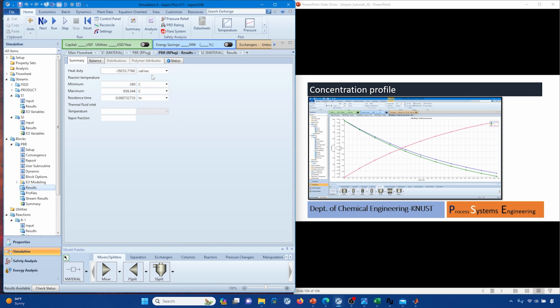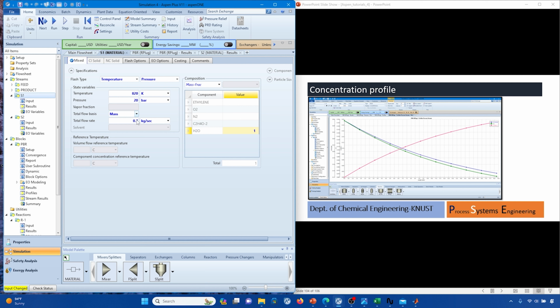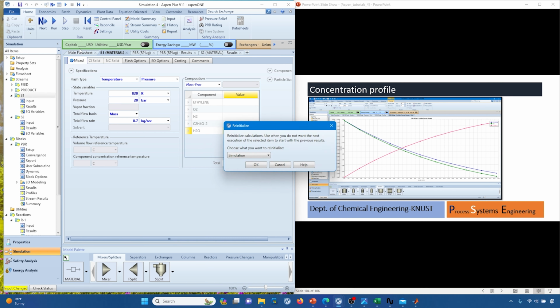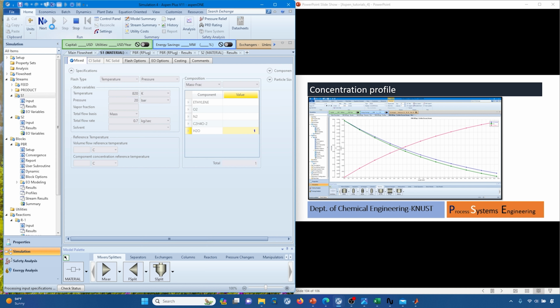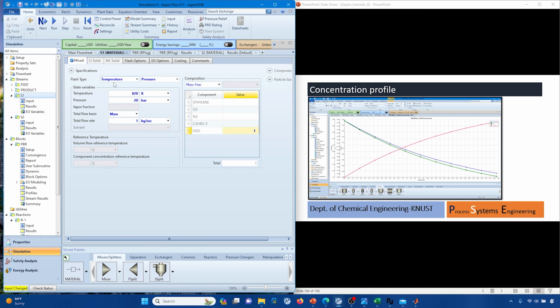check the results, you see that the heat duty has dropped. It's been able to remove much of the heat, but it wasn't able to do all. I can increase the flow rate to 0.7 and run once more. It's still not enough. Let's see, 1 kilogram, that should probably do it.